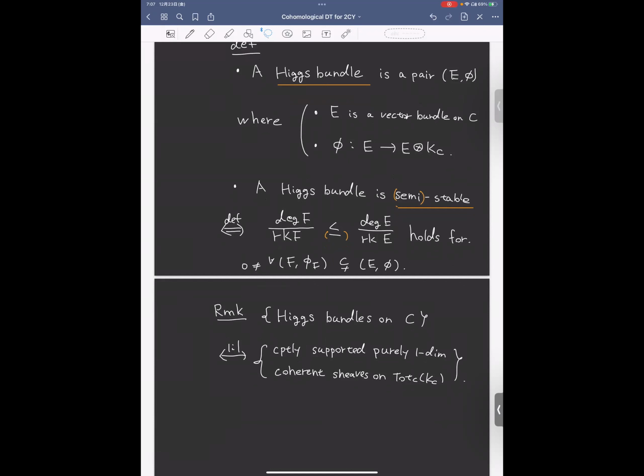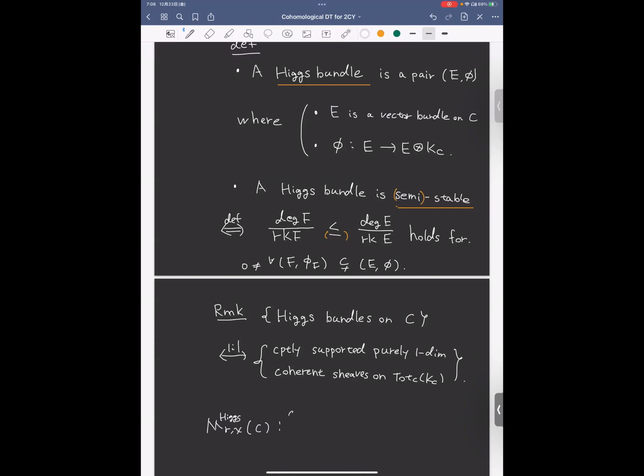Okay. And now we consider the moduli space of semi-stable Higgs bundles, which is denoted by M_Higgs(R, chi)(C) in this talk.